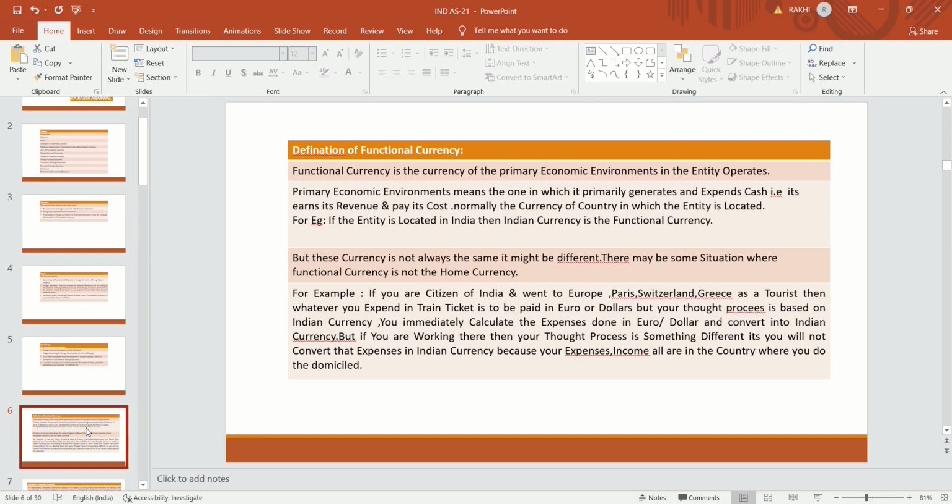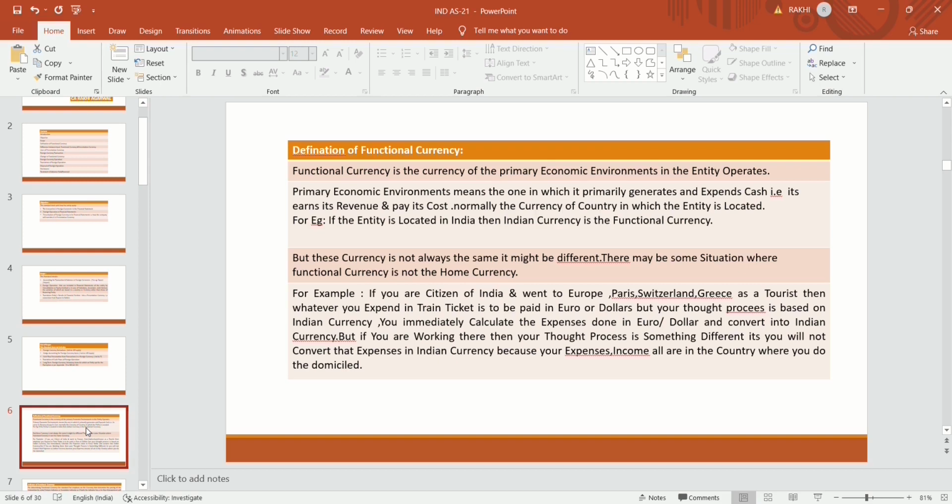His thought process is totally based on the European market. So if he spends in euro, he does not translate into INR. His thought process is quite different. So his functional currency will be euro because he is earning in euro and spending in euro.